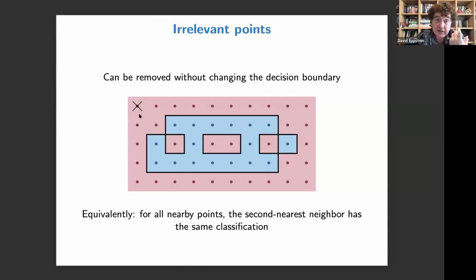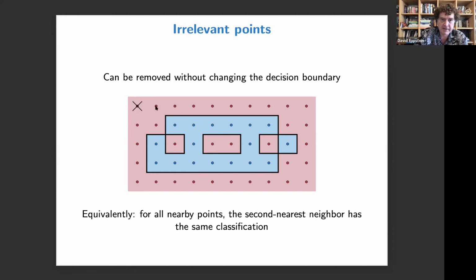Another way of saying that is that for all of the points in its Voronoi cell, the second nearest neighbor, the point that would become the nearest neighbor if you remove this point, has the same classification as the removed point. So if you remove this point, it doesn't affect the nearest neighbor classifier algorithm. It'll just move on to this other nearby point with the same classification and produce the same prediction. It'll use a different neighbor to produce that prediction, but the prediction itself will be the same. And so that point is irrelevant.